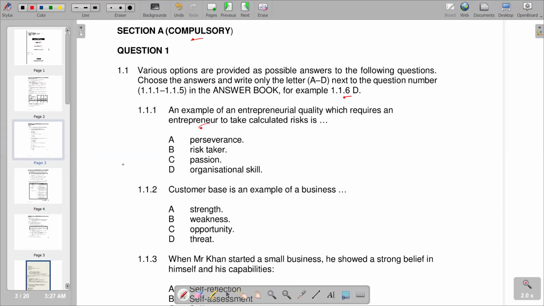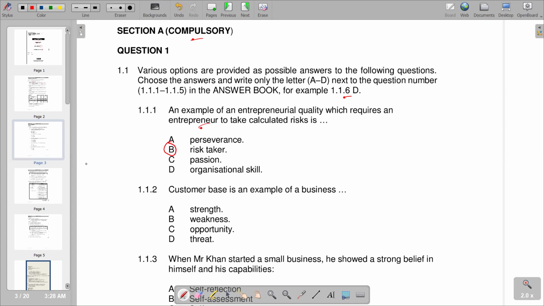So basically, that's what we have in terms of an entrepreneur. And we know that this person takes risk, and the responses that we are given are A, perseverance, B, risk taker, C, passion, and D, organizational skill. According to the responses, the most appropriate is B, which is a risk taker.